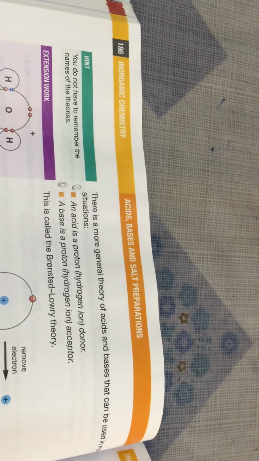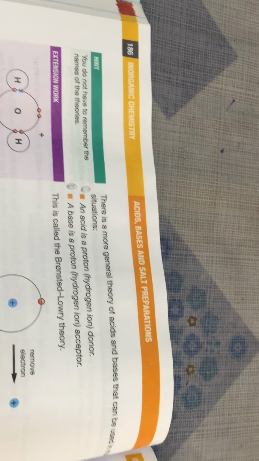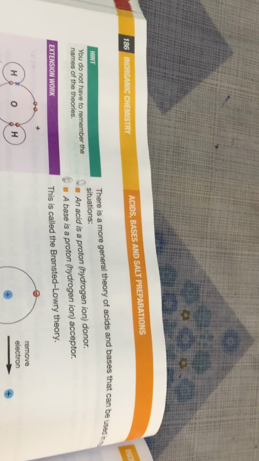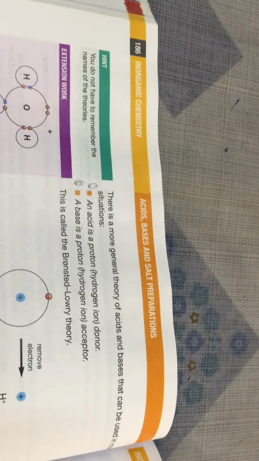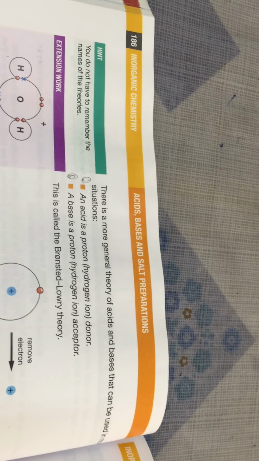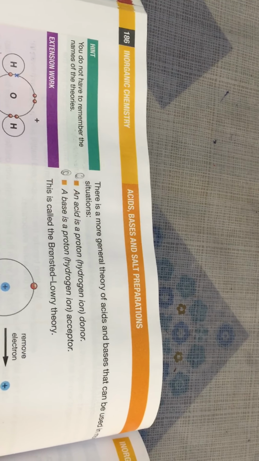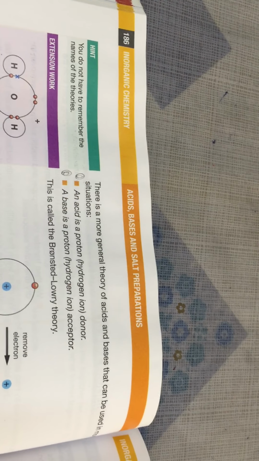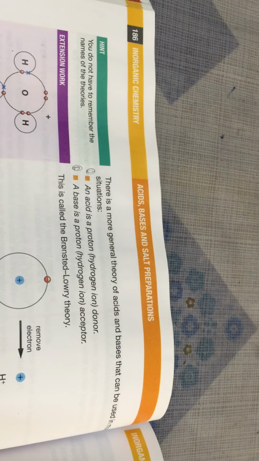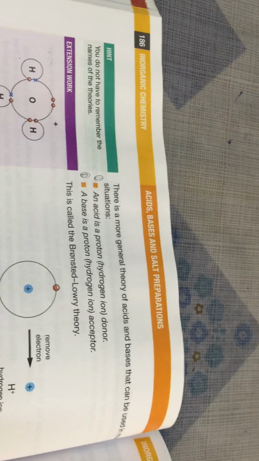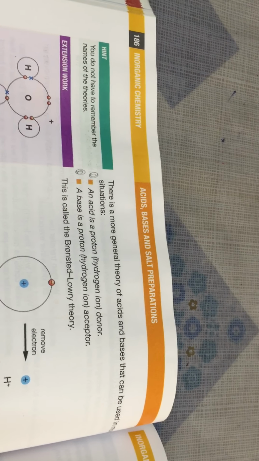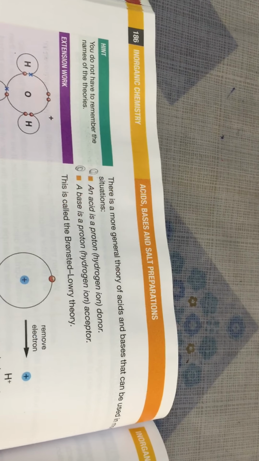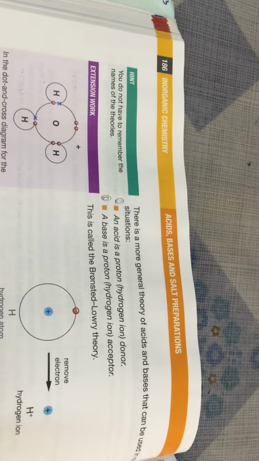But he didn't know how to explain the reaction between hydrochloric acid and ammonia. Ammonia is a base, as I explained to you in the last chapter revision, but it does not contain hydroxide ions. He failed to explain the reaction between hydrochloric acid and ammonia as an acid-base reaction.